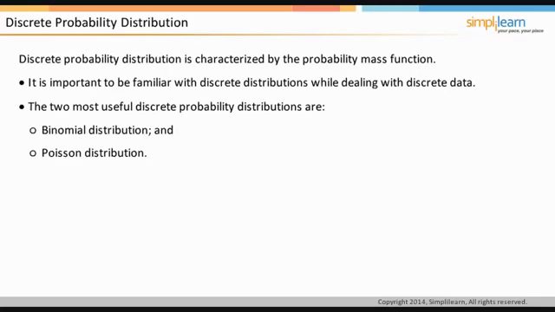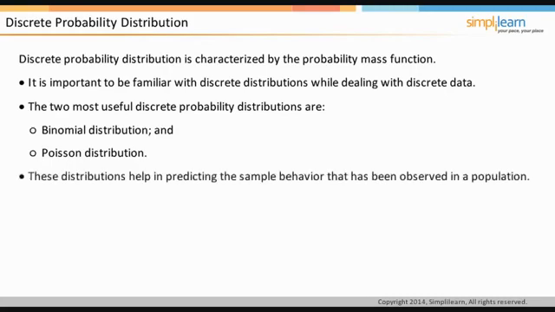We will focus only on the two most useful discrete distributions, binomial distribution and Poisson distribution. Like most probability distributions, these distributions also help in predicting the sample behavior that has been observed in a population. Let us learn about binomial distribution in the following screen.